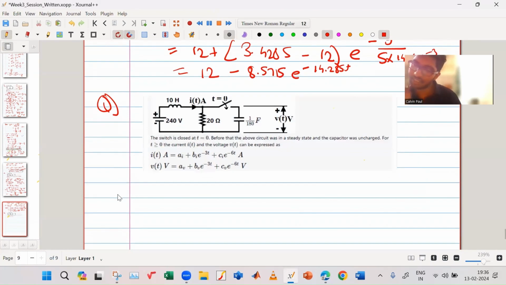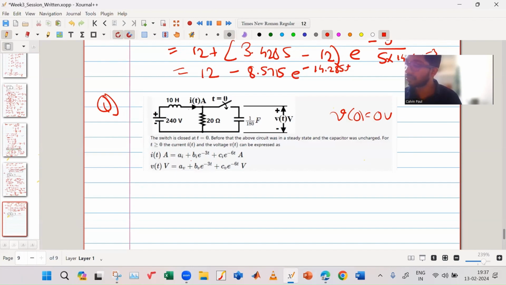Okay, so this is a question. There is this circuit, and we have to solve it. We have to find the current through the inductor and the voltage across the capacitor. So we consider that before, the above circuit was in steady state and the capacitor was uncharged. The capacitor was uncharged means V of 0 is 0 volt.